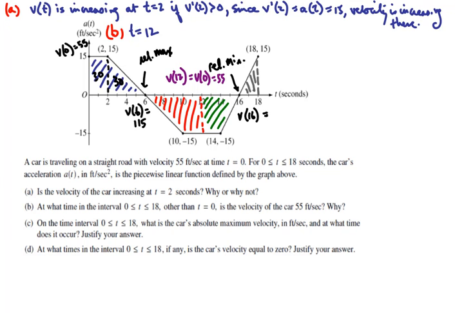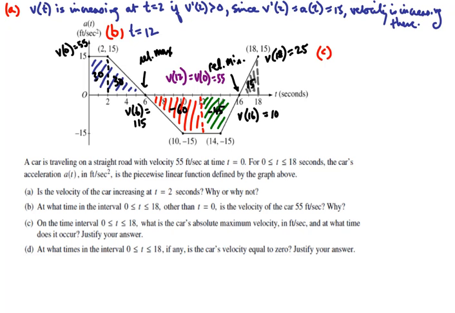V of 16 is going to be 10 because that green area reduces the velocity by 45 feet per second. So you can see that the velocity goes from 55, then increases to 115, then decreases and hits 55, continues to decrease all the way down to 10 feet per second, and then increases back up to 25 where it stops.